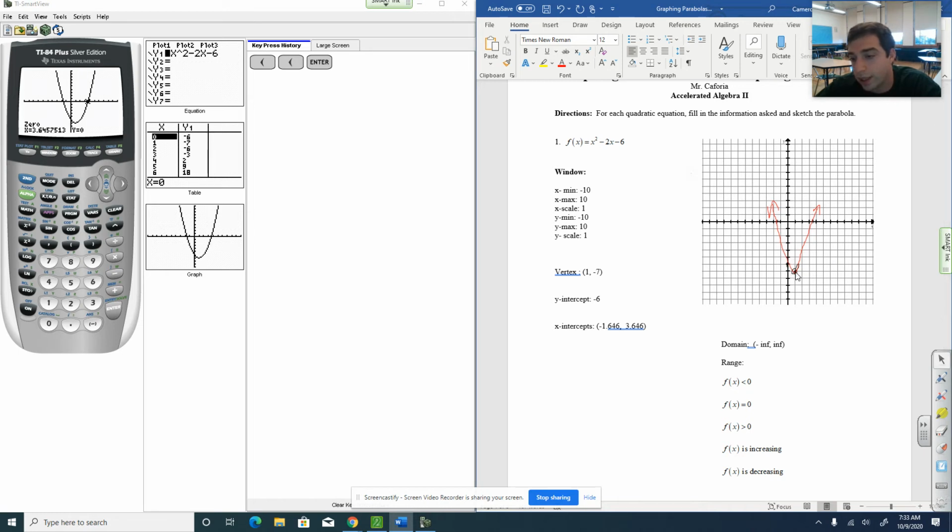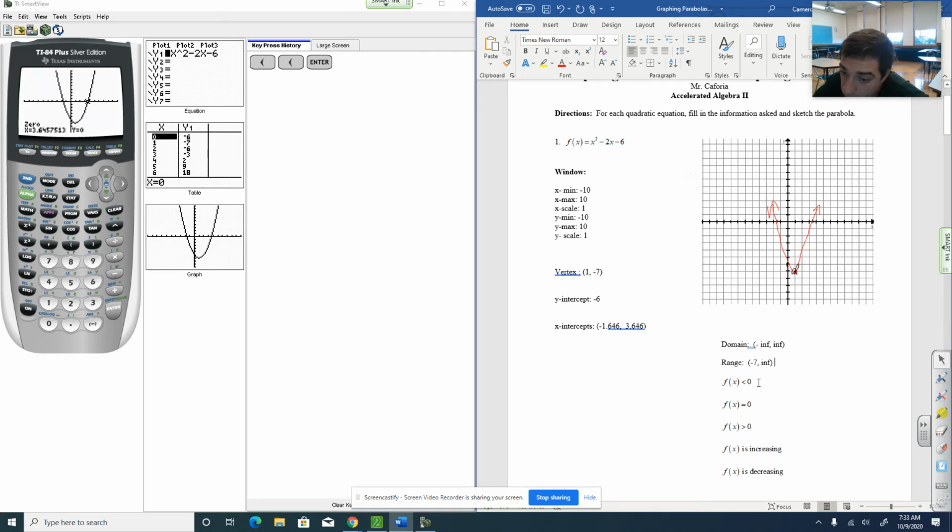We can't get a y below our vertex because our parabola stops here at the U and starts going back up. So it's from this point up in terms of y. It's going to be from -7, because the y of our vertex is -7, all the way up to infinity. That would be our range. So from -7 to infinity. Okay?